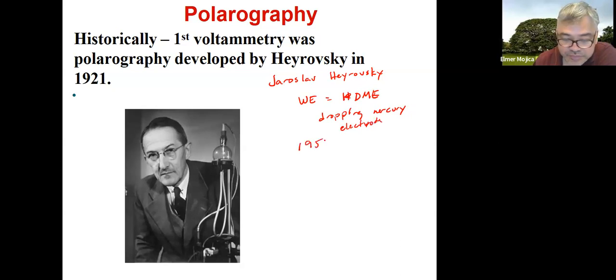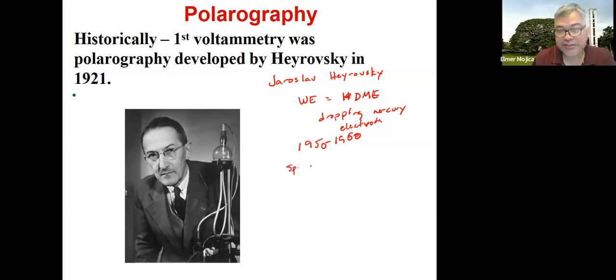In the 1950s and 1960s, we could say that was the golden era of polarography. It was an important tool used by scientists for the determination of inorganic ions and certain organic species in aqueous solution. However, many of these applications were replaced by spectroscopic methods.